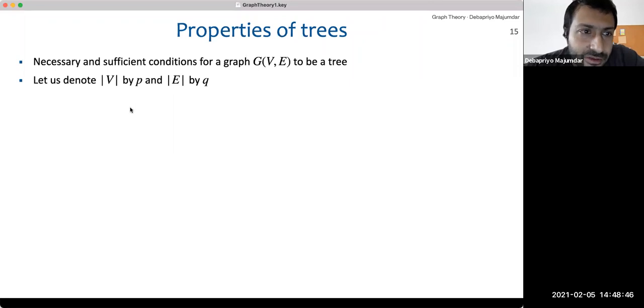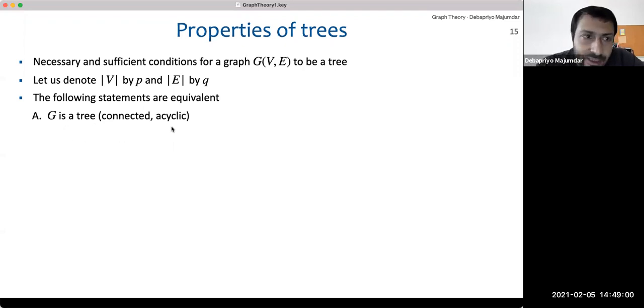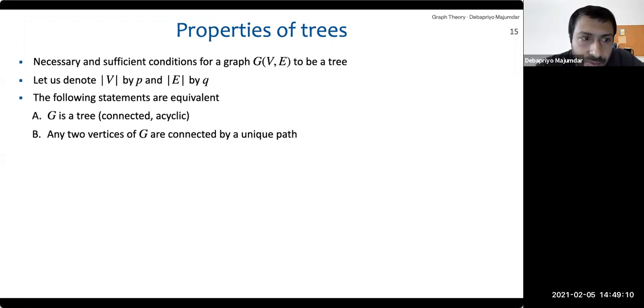Let us denote the number of vertices by P and the number of edges by Q. Then the following statements are equivalent. One, G is a tree, that means it's a connected acyclic graph. Two, any two vertices of G are connected by a unique path.